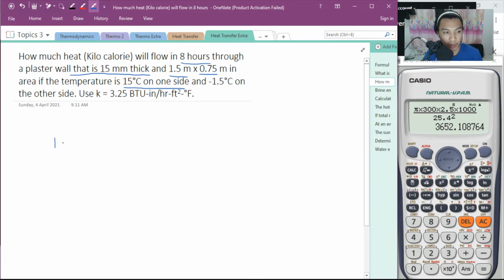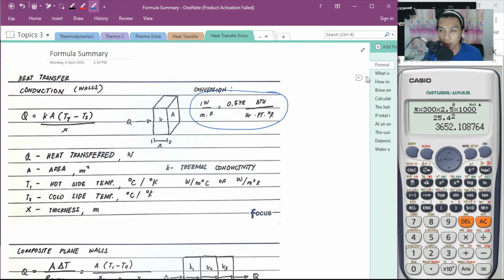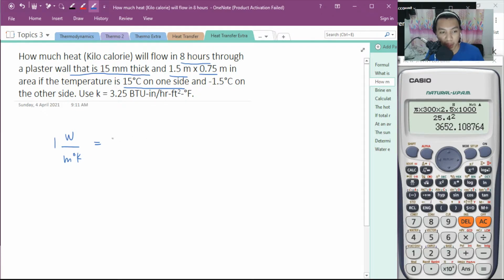Mali pala. 1 watt per meter degree Kelvin is equal to yung formula. 0.578. Tignan mo. Ayun na yun. BTU inch per hour. Hindi nyo na kailangan mag-convert.